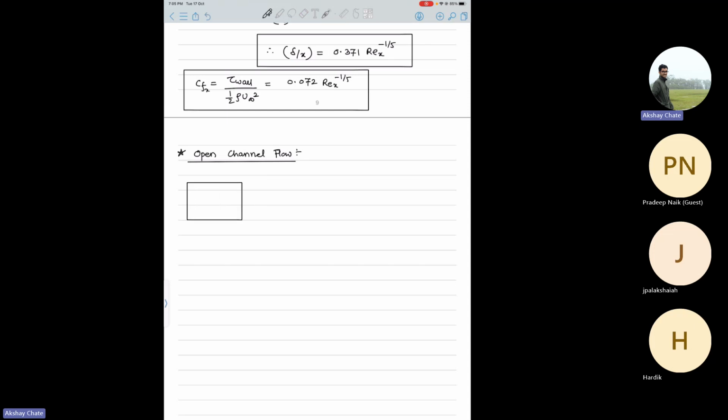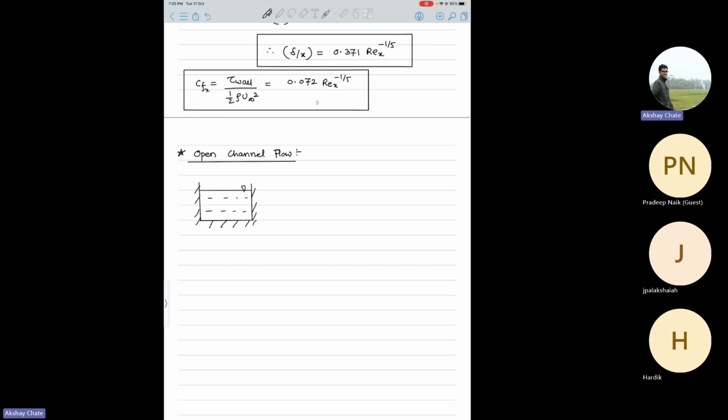So this is clearly an open channel flow. You have these solid boundaries, and you will have some free surface, and there will be some fluid flowing, and this is an open channel flow.